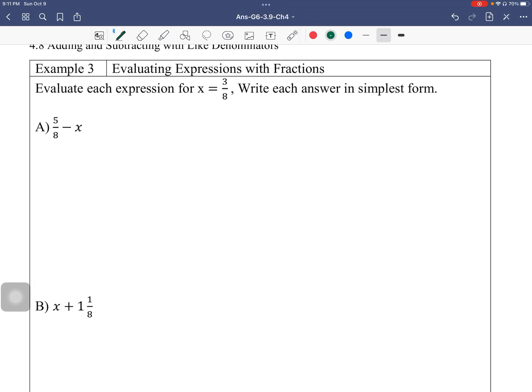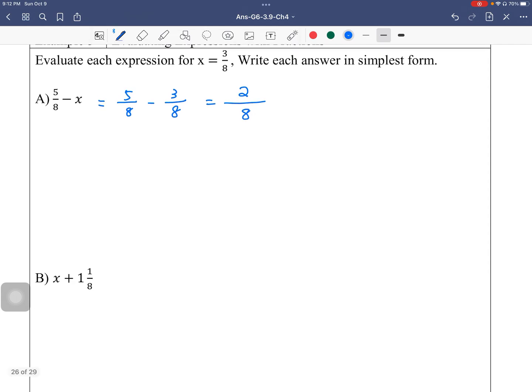Now we want to evaluate when x equals 3/8. So 5/8 minus 3/8, the denominator is the same, so 5 minus 3 is 2. Next, 3/8 plus 1 and 1/8: 3 over 8 plus 8 times 1 is 8, plus 1 is 9.